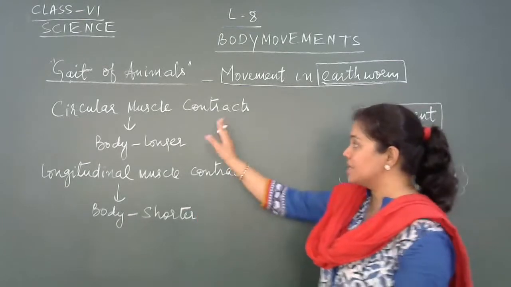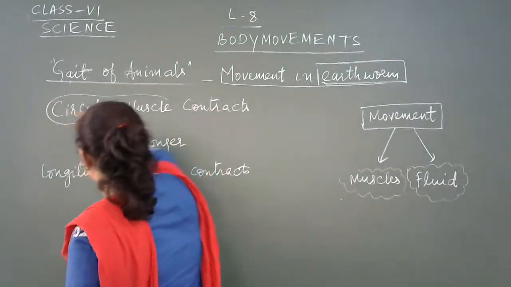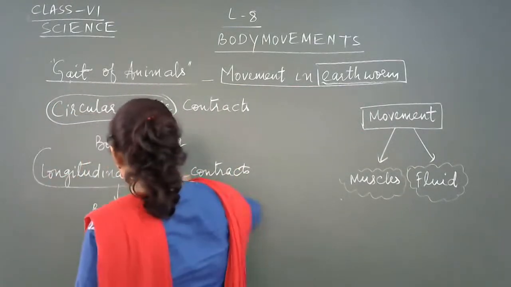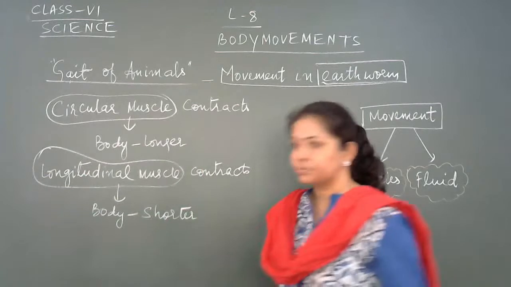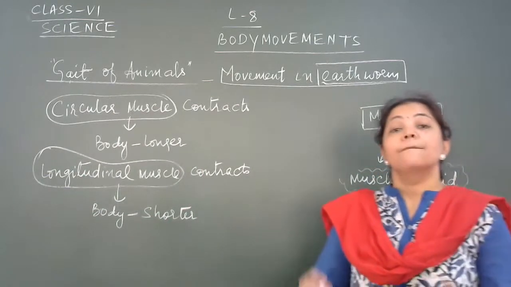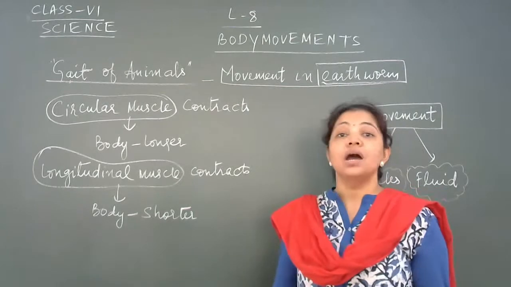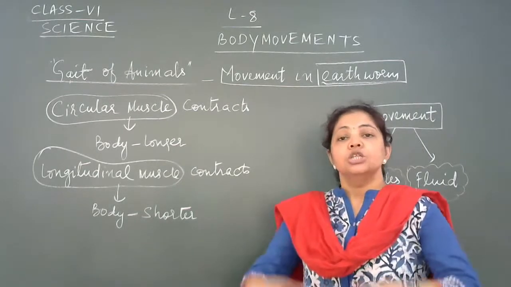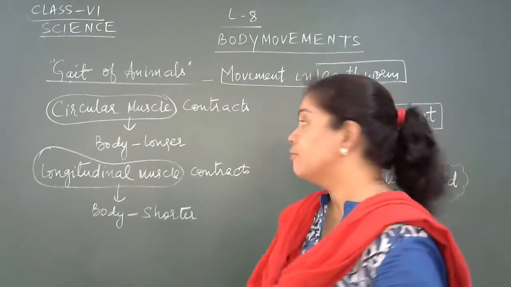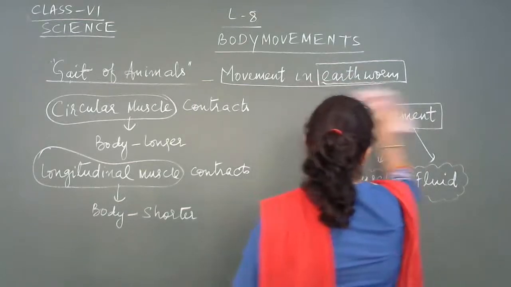And these two muscles, that is circular muscles and longitudinal muscles, these two muscles play a vital role in the movement of the earthworm, right? So now let's see how earthworm moves.